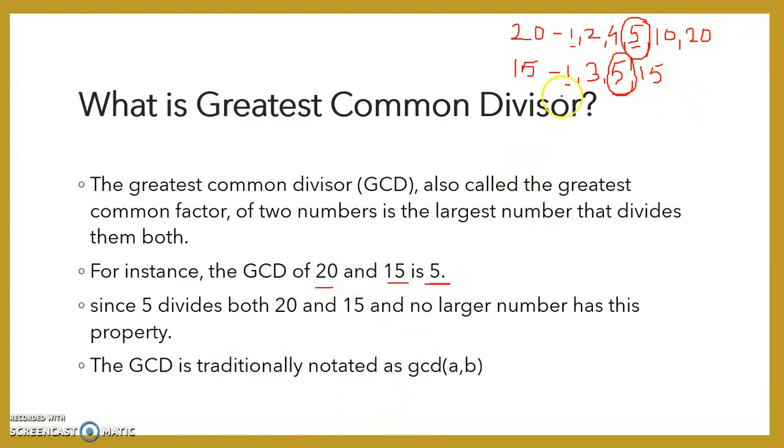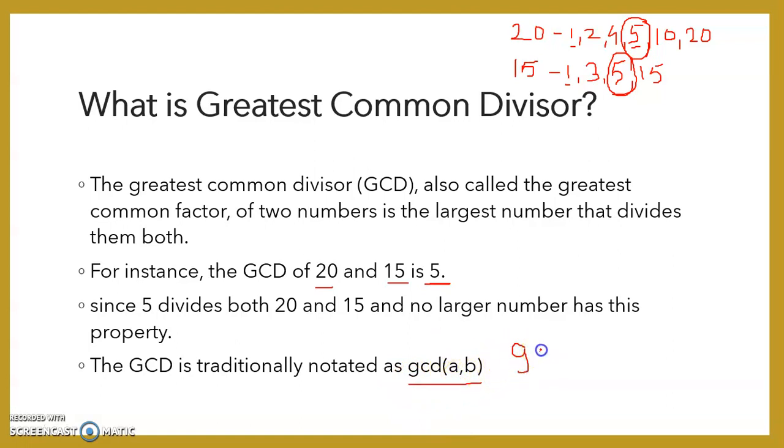This is very simple, but moving further, we will see how to calculate GCD by using some pseudocode, because in this series we are learning how to write an algorithm, how to write pseudocode, and how to execute that particular pseudocode for the computer. Okay. So traditionally, as you know, we represent GCD as GCD of a comma b.